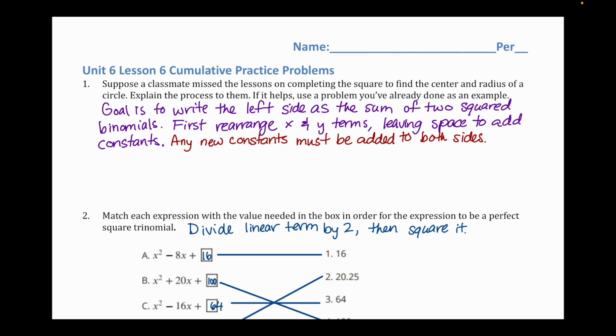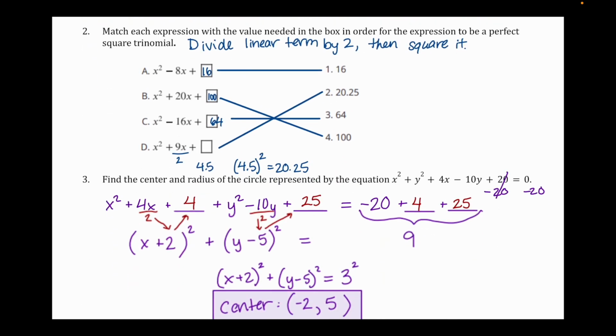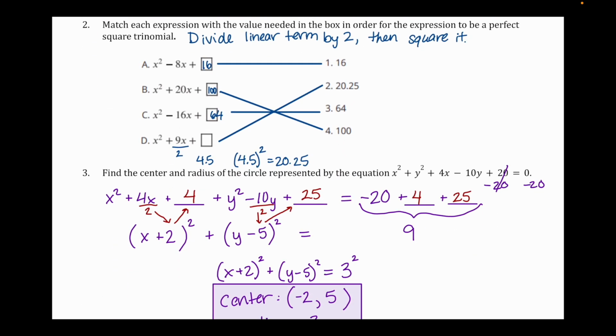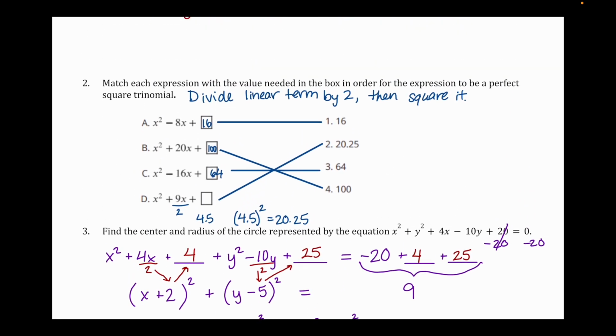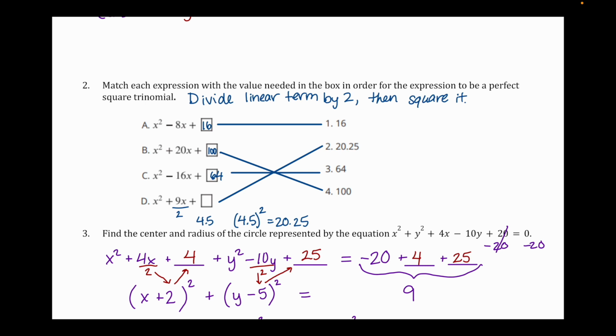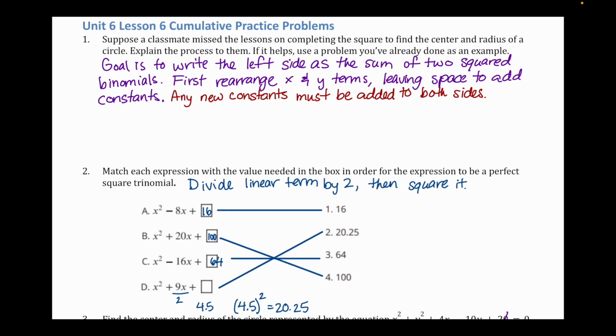Okay. Now we rearranged it. We left space to add some constants in. Now, how do we describe what we did there? Well, we divided the linear term by 2 and then squared it. So to find the new constant, I'm going to cheat and copy some of my own handwriting.